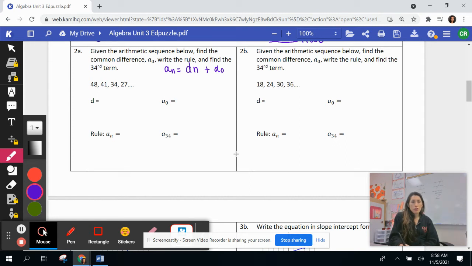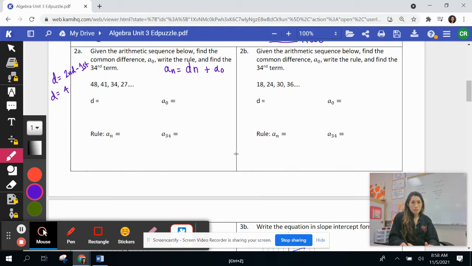So we have our first term, second term, third term, fourth term, etc. Remember, the formula for finding the common difference is you take the second number, 41, and you subtract the first number, second minus first, or you can call it a sub 2 minus a sub 1. So our second number is 41. We're going to subtract our first number, 48.